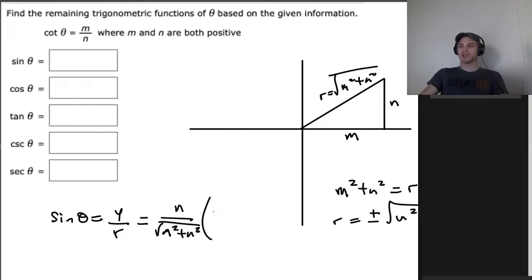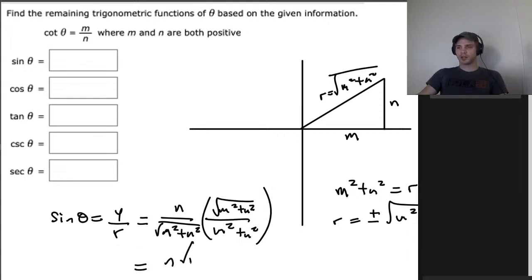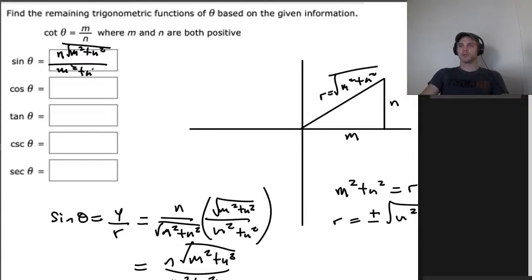We actually need to rationalize this, so let's multiply by the square root of m squared plus n squared over the square root of m squared plus n squared. And this becomes n times the square root of m squared plus n squared over m squared plus n squared. And that's simplified. You can't do anything else with that.